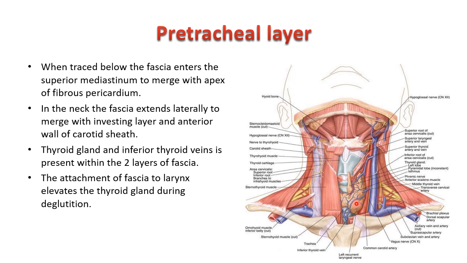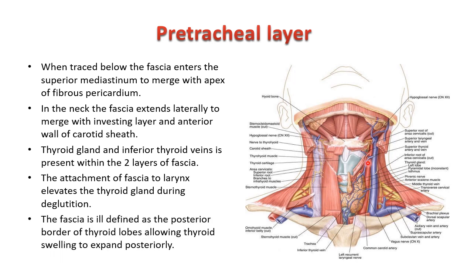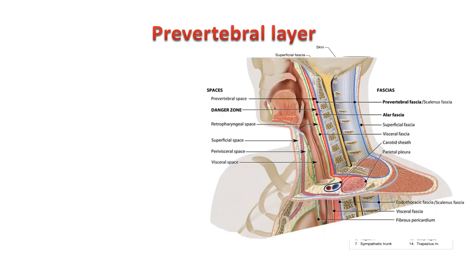You ask the patient to swallow, and when the swelling also moves, it should be associated with the thyroid gland. Posteriorly, near the posterior border of the lateral lobe, the pretracheal layer is very weak and ill defined. So any mass or tumors of the thyroid gland tend to extend posteriorly rather than anteriorly.